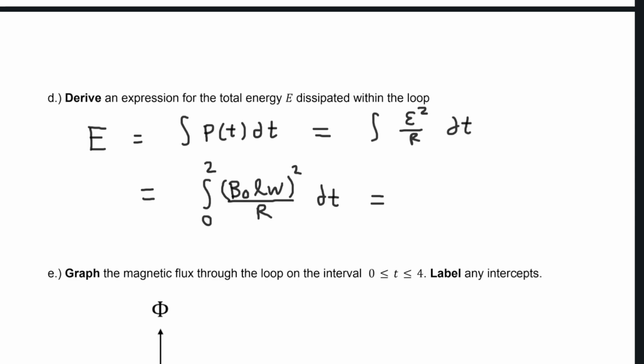So we'd really just be generating a power of (B0 LW) squared divided by R for 2 seconds. So we're just multiplying the power by 2. So we get 2 (B0 LW) squared divided by R.